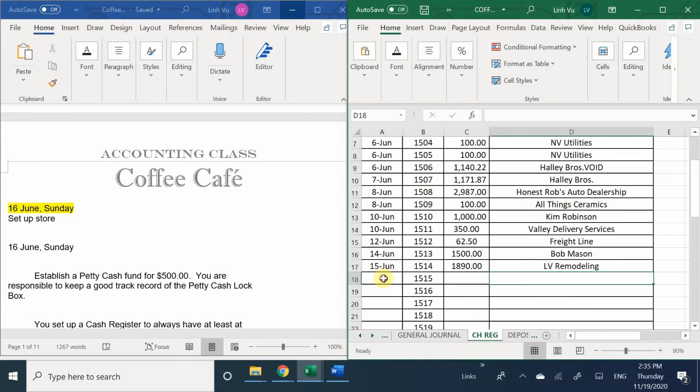Oh no, it's the 16th, sorry. Check number 1515, $500, and it's to petty cash. Whoever is responsible for the petty cash fund. In this case, since the accountant can be anybody, I'm just going to write petty cash.